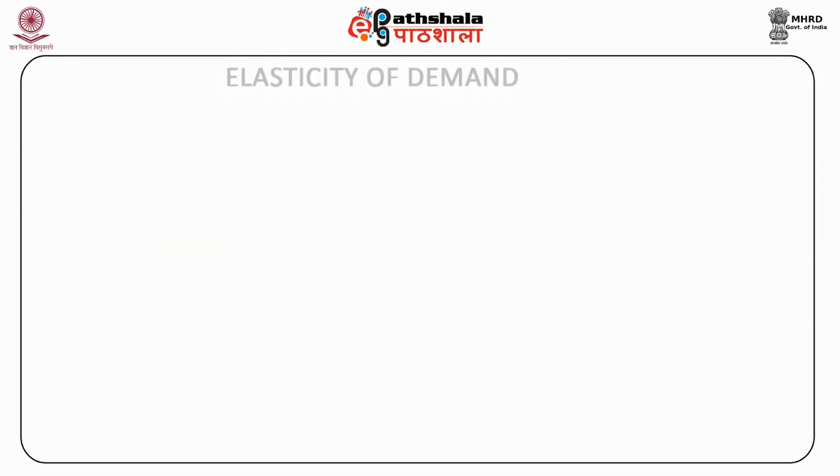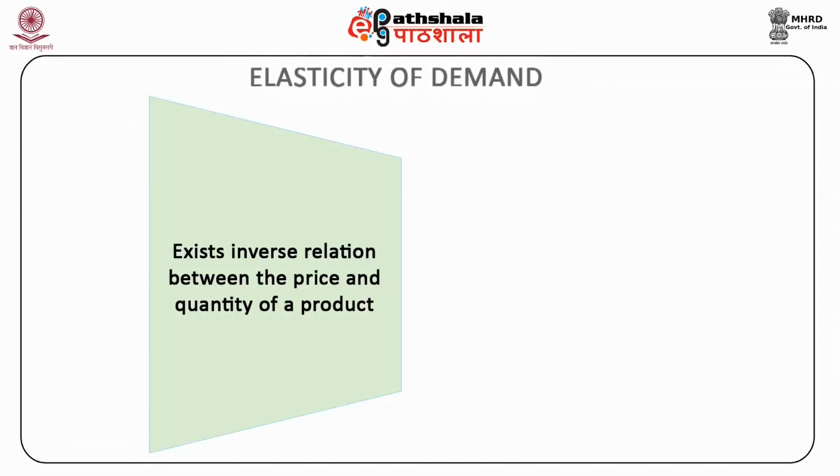Now, since there exists an inverse relation between the price and the quantity of a product, as the price increases, the quantity demanded falls. Therefore, the value of price elasticity will always be negative. In order to overcome this, we add a minus sign in the above equation itself so as to get a positive elasticity, because it is easier to apply further applications on positive numbers.